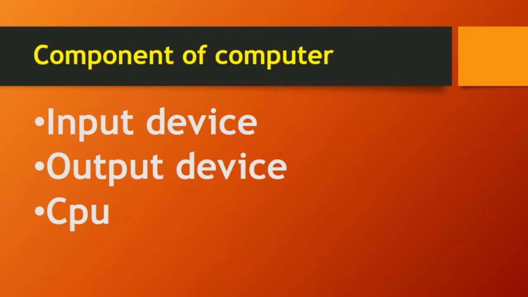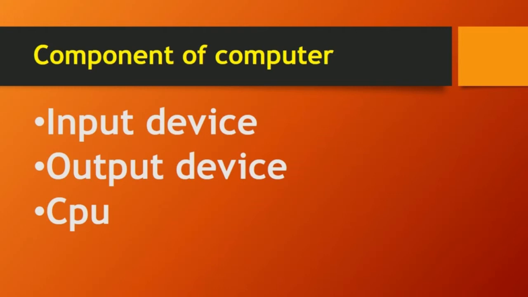That is the output device. The next one is CPU. The full form of CPU is Central Processing Unit. Between these two, some processing takes place, so we call it the processing device, the CPU. CPU is the brain of the computer.